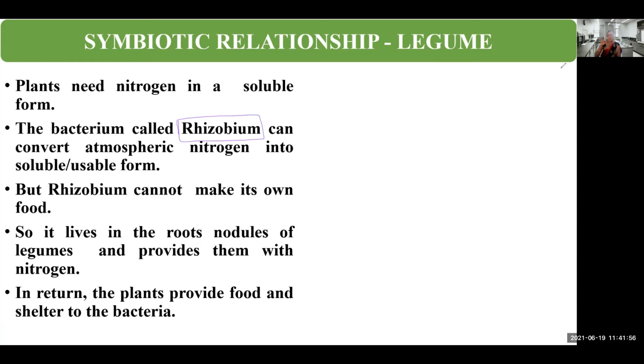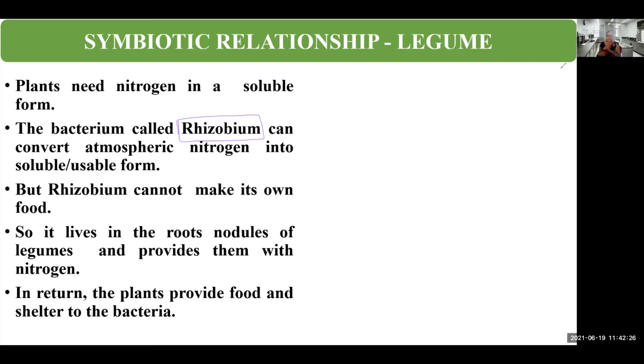Okay, so what is the role of this rhizobium in the soil? It will convert the atmospheric nitrogen. Already in the atmosphere, that is the air, we have 78% nitrogen. So that atmospheric nitrogen is converted into a soluble, or usable, form, because plants are not able to absorb nitrogen as such, but they can absorb nitrogen-based compounds for their growth.